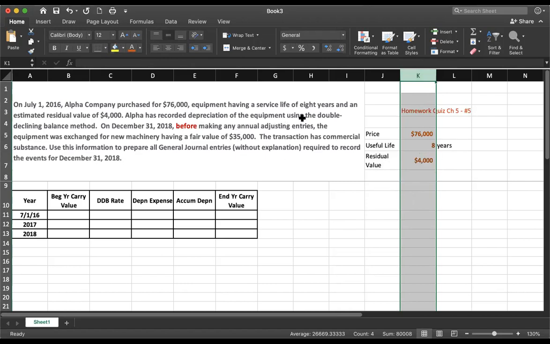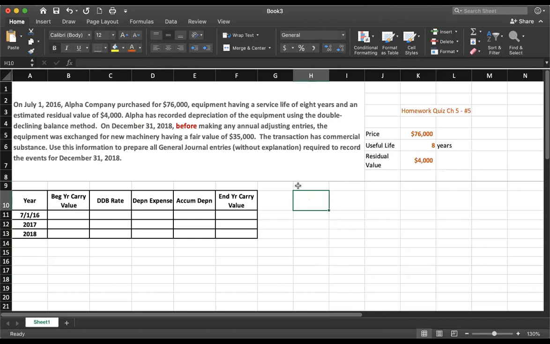Also, we note that they're using the double declining balance method. So recall, with the double declining balance method, we do not use salvage value when we're computing the depreciation expense for each year, with the exception that when we get down to the latter years, we're never going to depreciate it so that the carrying value is less than $4,000.